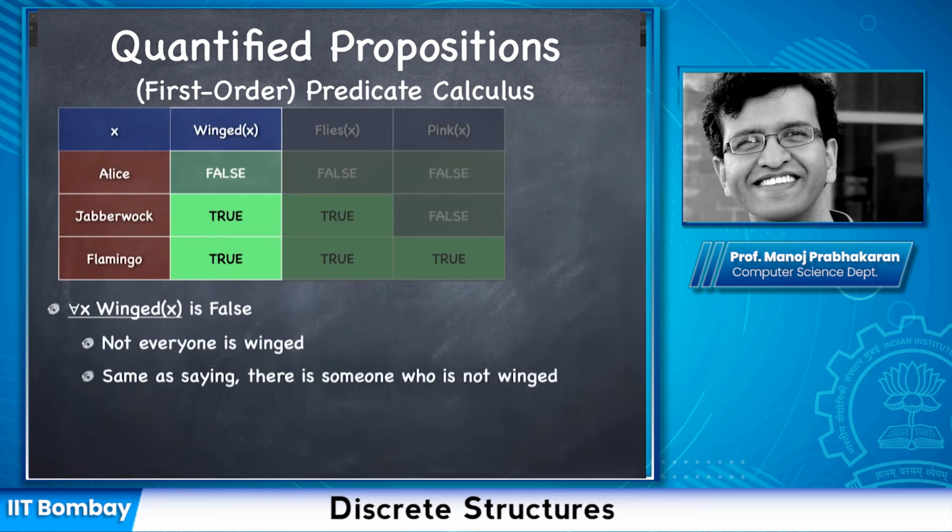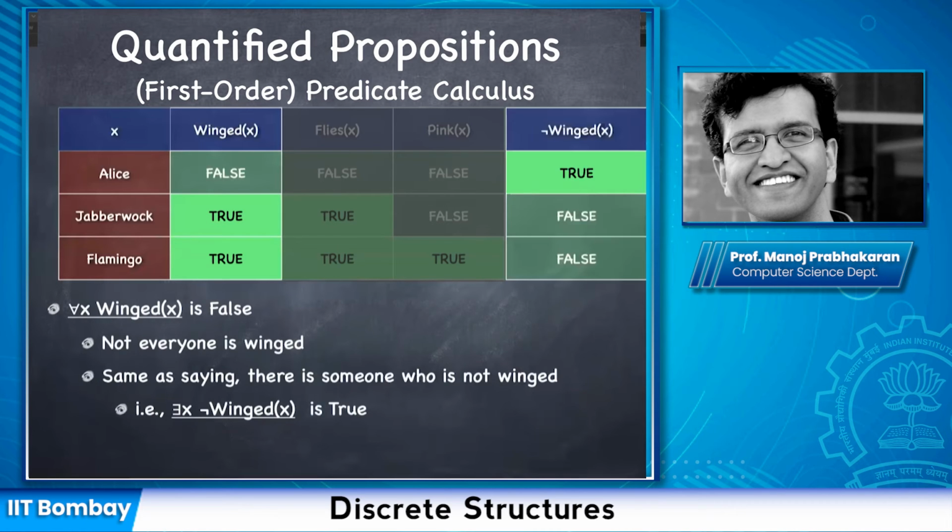So if I were to write this in notation, it looks like: there exists some x such that not W(x), okay? And this is a true statement. If I were to build another column for not W(x), you would see that yes, there is someone who is not winged.